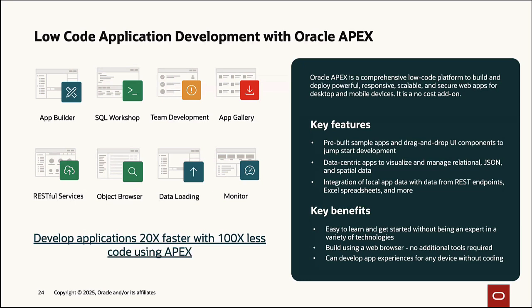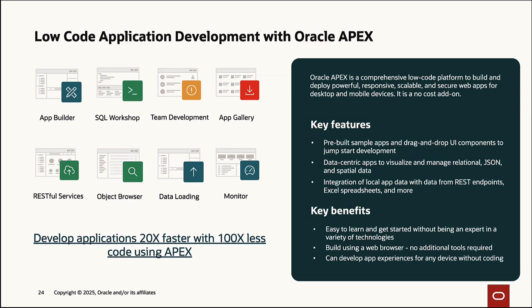So when you provision your autonomous database and you open APEX, you're met with a suite of various tools available to you. So you have the Application Builder to go in and build your application from the ground up. You can also leverage SQL when developing your web application, and App Gallery is a gallery of templates of various web applications that have been pre-configured.